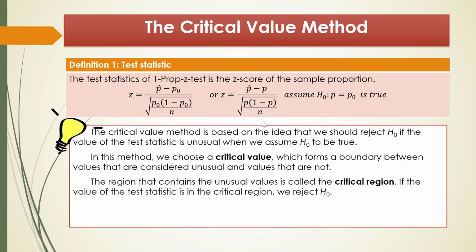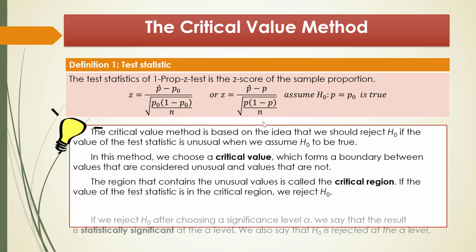So the region that contains unusual values is called the critical region or rejection region. And the region that contains the usual values is called the acceptance region. If the value of the test statistic is in the critical region, we reject the null hypothesis.